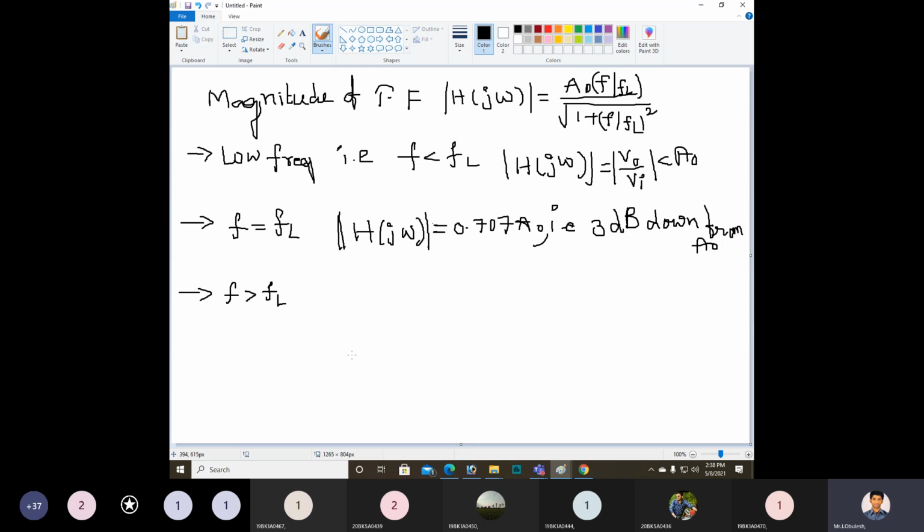Mod H of j omega is A naught times j f by fL divided by 1 plus j f by fL, and therefore mod H of j omega is almost equal to A naught.